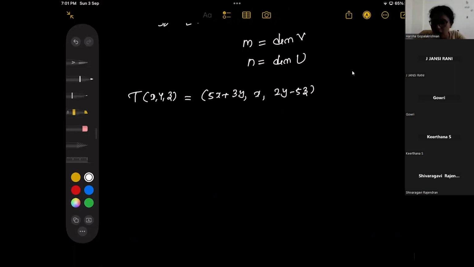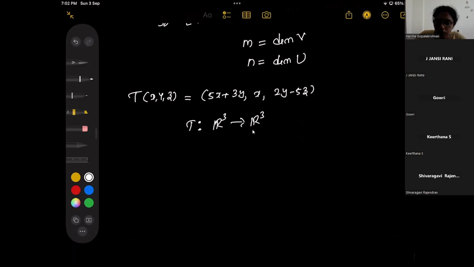Okay, then can anyone tell how we will start to write the matrix of T? To write the matrix of T, we should start with the basis. Any basis you can take. For simplicity, we will deal with the standard basis.